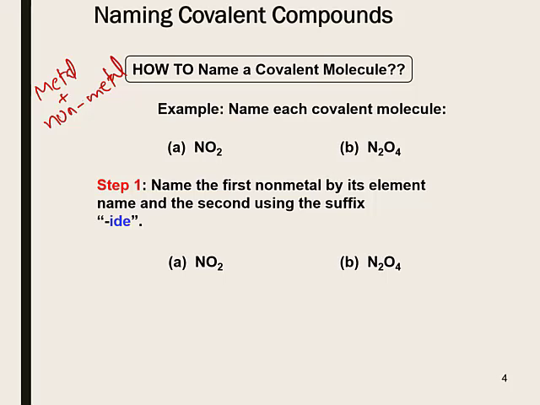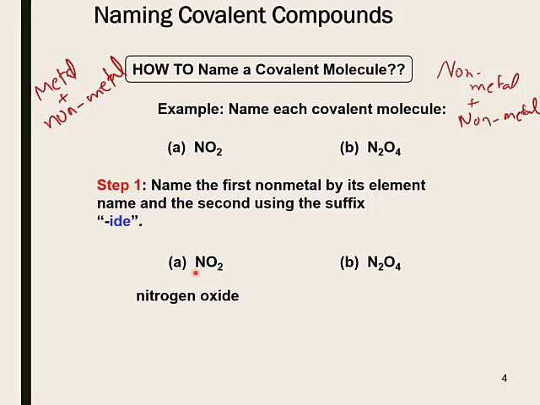If a molecule is made up of nonmetals only, then that molecule is a covalent molecule. So let's look at these examples. Our example A and example B both are made up of nitrogen and oxygen. And we know that both nitrogen and oxygen are nonmetals, hence these belong to covalent molecules.